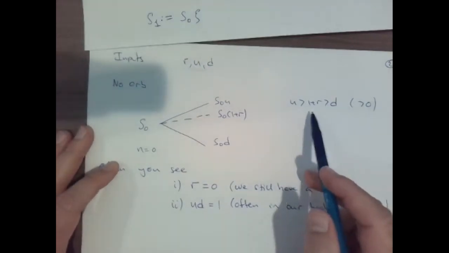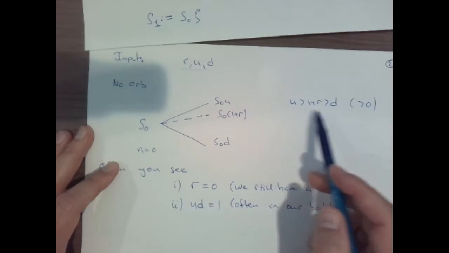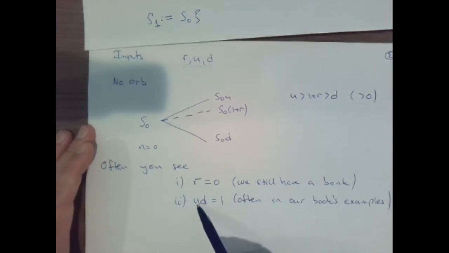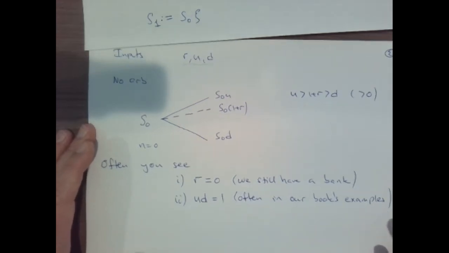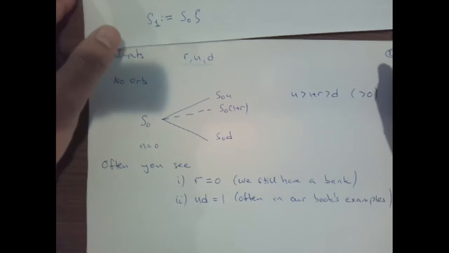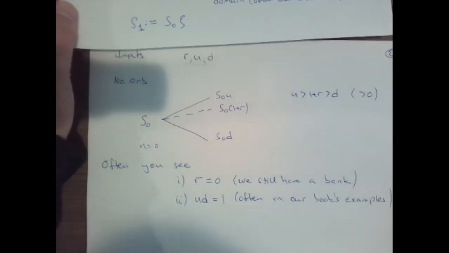The no arbitrage condition is just these two inequalities, but you will often see R being taken to be 0, or the product UD being equal to 1. Okay, so we have that. That's model input.